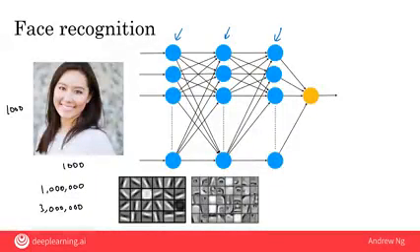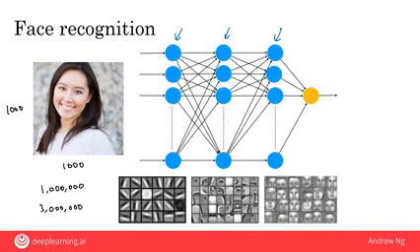So it may learn to detect eyes and noses and the shape of cheeks and the shape of mouths. And then the later neurons, further to the right, will learn to detect different shapes of faces, and it will finally put all this together to output the identity of the person in the image.